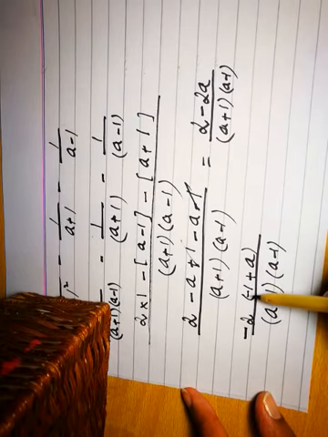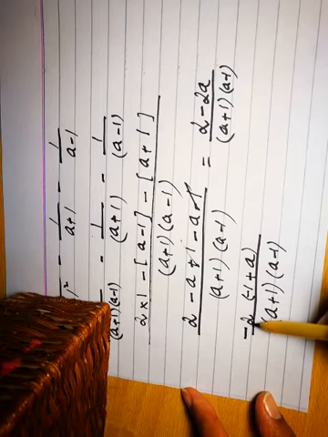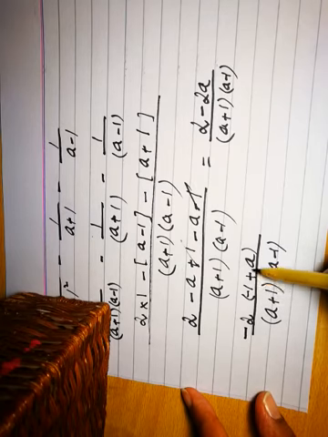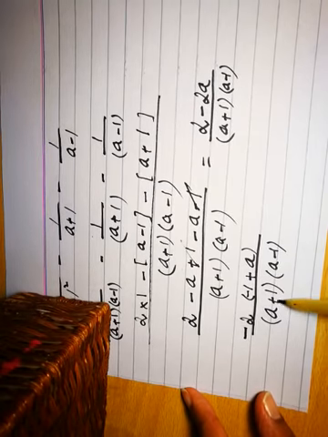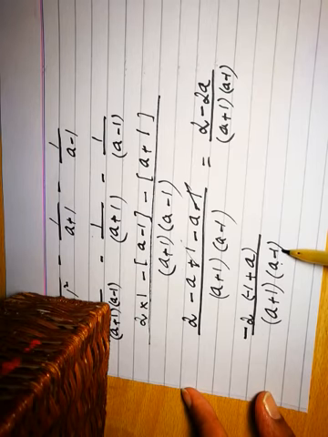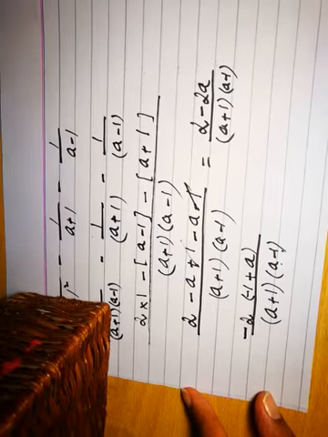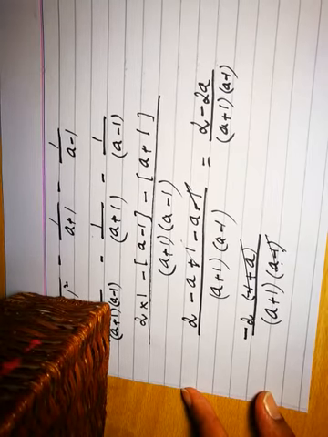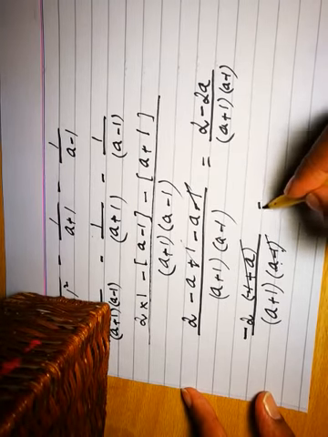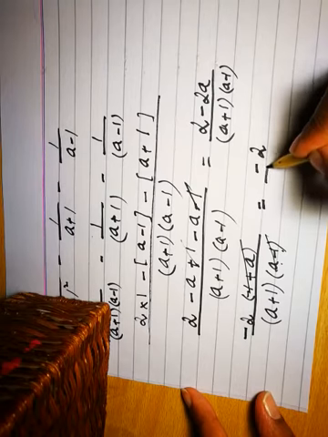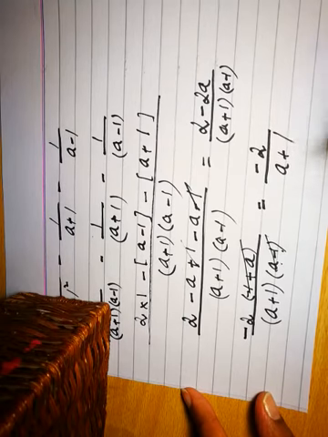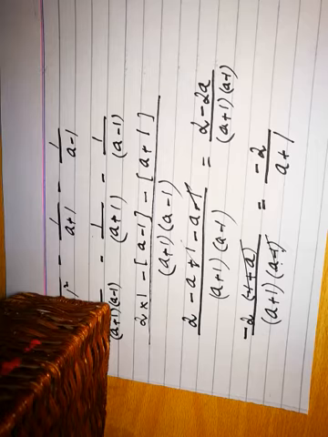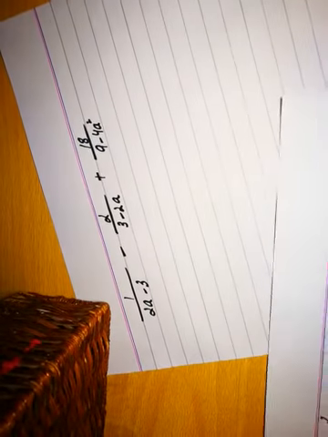It means I'll have the product of minus 2 and a minus 1 in the numerator, and in the denominator the product of a plus 1 and a minus 1. A minus 1 and minus 1 plus a are the same, so you can cancel them. So the final, most simplified form will be minus 2 over a plus 1. This is how you do it.